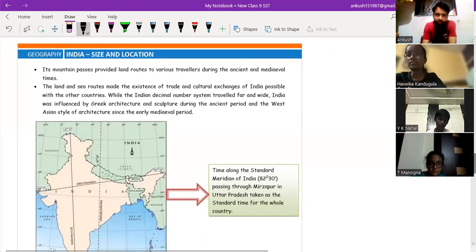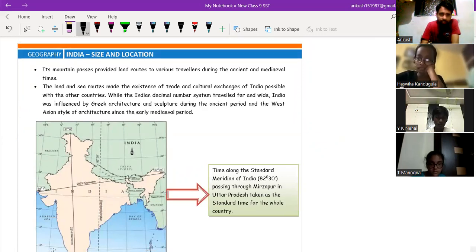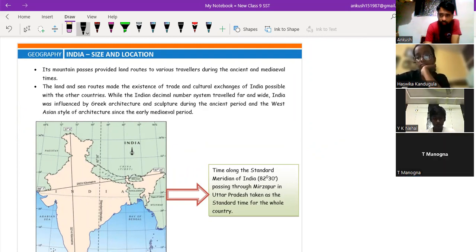Good. Let us understand what is that now. Its mountain passes provide land routes to various travelers during the ancient and medieval times. Is it gone? The time difference in Mirzapur and Gujarat.